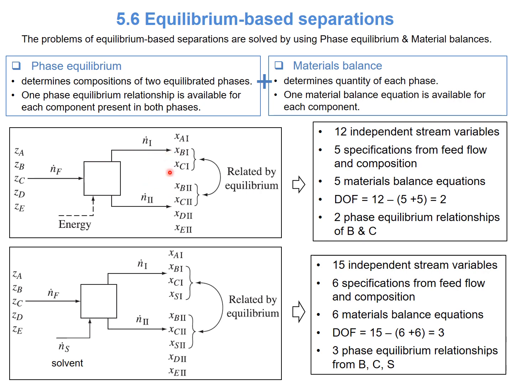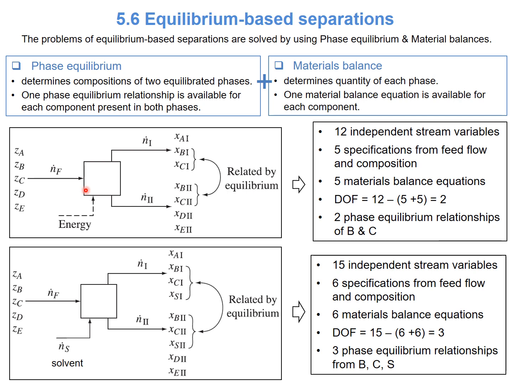Here are two different situations for the separator. Let me start with the first one. We have 5 components in the feed stream, which is introduced into the separator. In this separator, we should also provide some energy for heating or cooling.